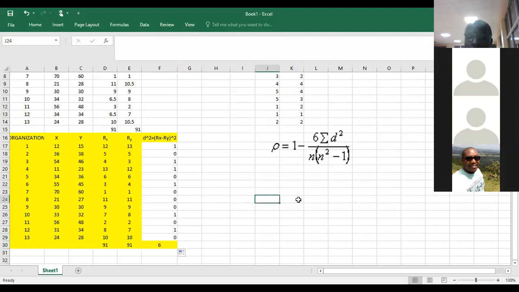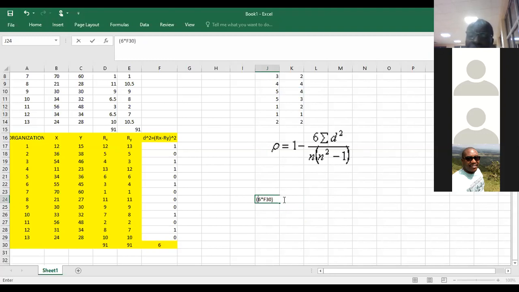So rho is equal to 6 times the sum, 6 times this, divided by what? 13.